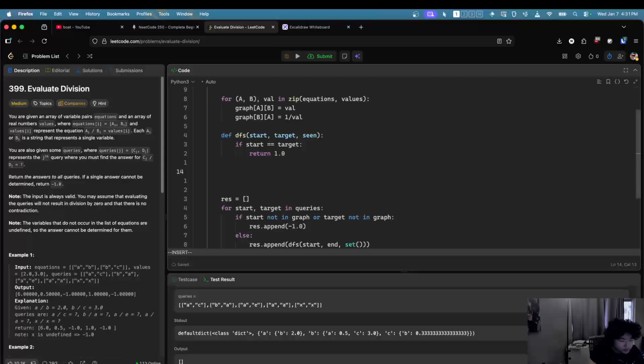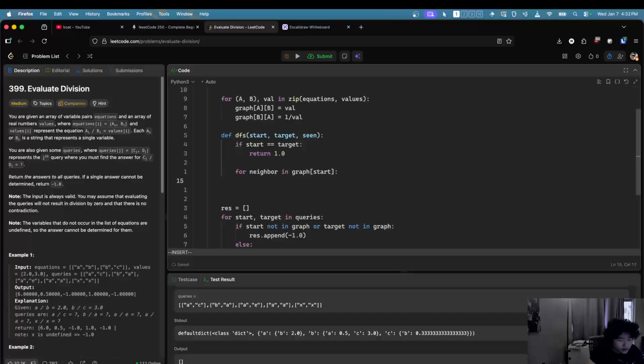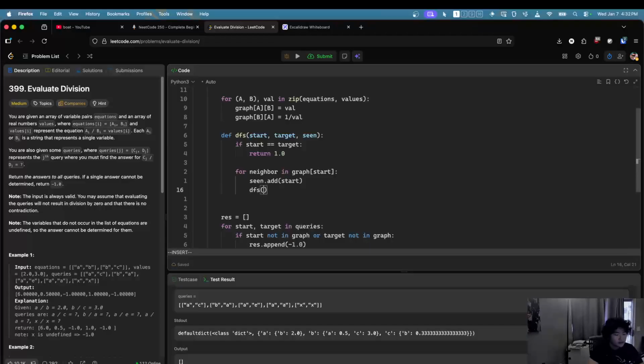So now the traversal part: for every neighbor in graph of start, seen.add start, and then we call DFS on the neighbor as the start, and then the target, and then the seen set.